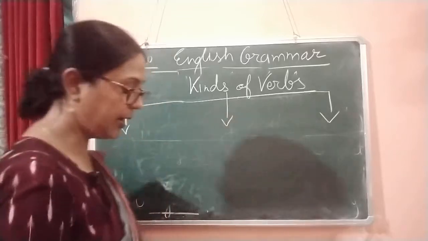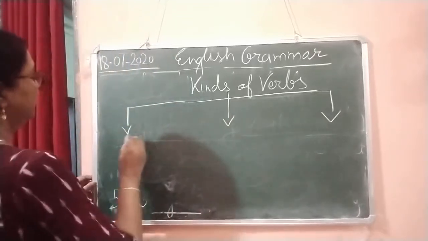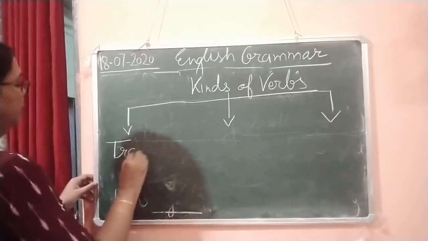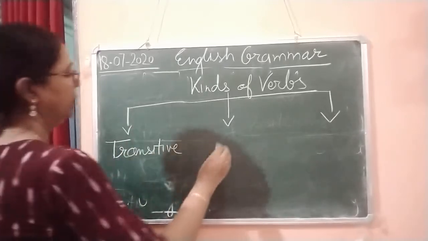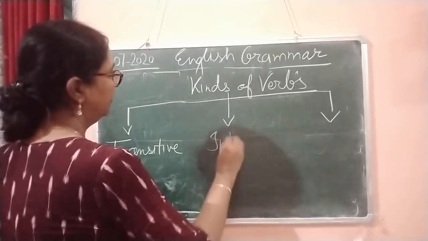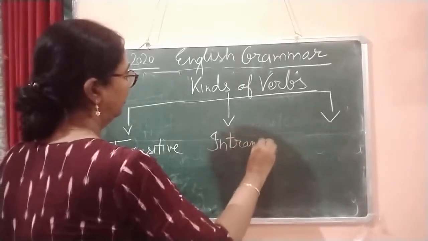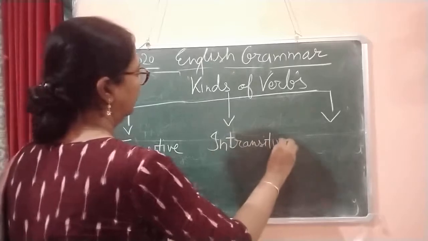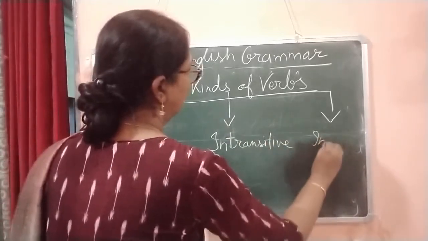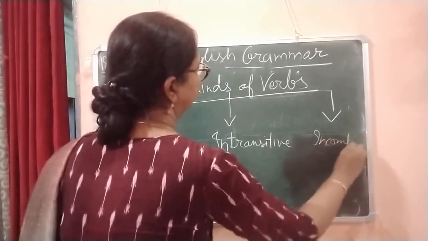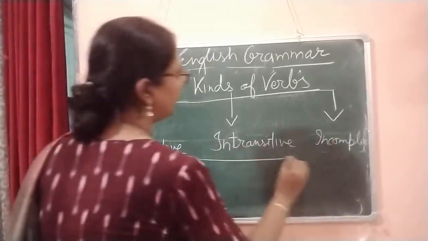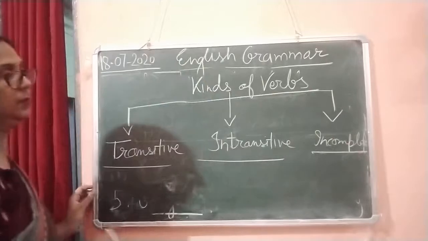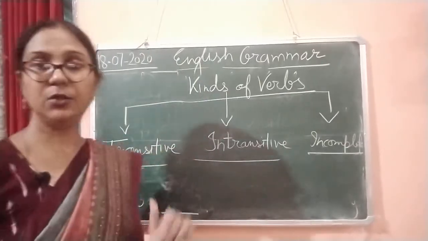Now we are going to write transitive, intransitive, and incomplete. Transitive, intransitive and incomplete. So these are the kinds of verb.